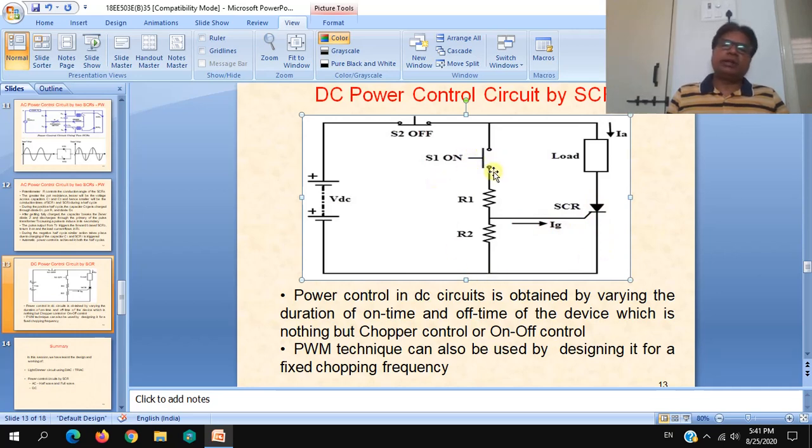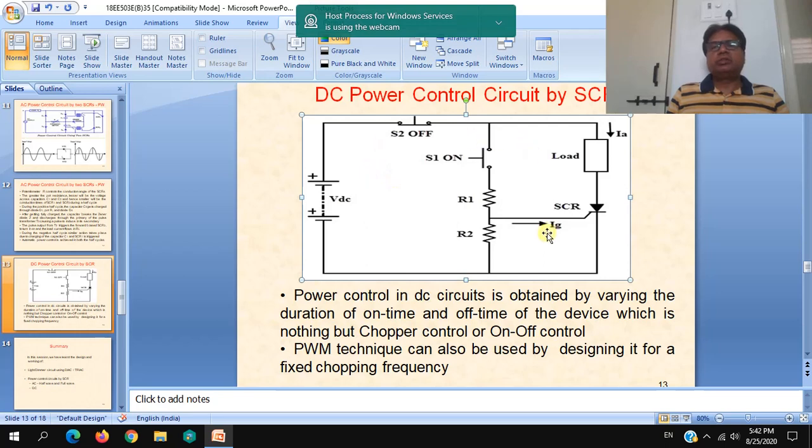And this is a momentary switch. You need not make the current flow through the gate throughout the operation of the SCR. It is automatically opened, as this is a normally open switch. And when you want to totally shut down the circuit, simply press this switch, which is a normally closed switch.